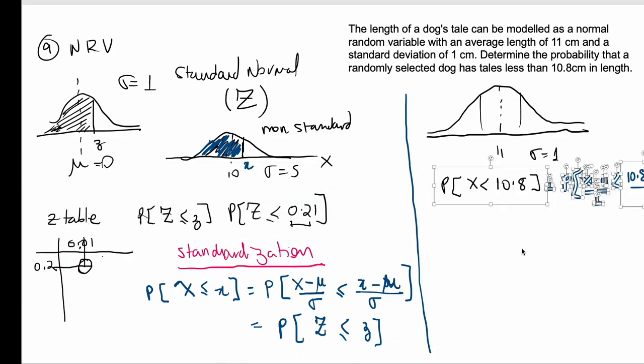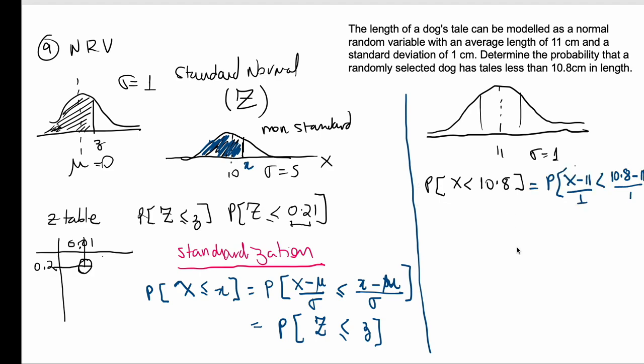Okay. So this is what I'm doing. I do the procedure, and as I do it, it is proved that your left-hand side will become a z. You can always do that. You will always become a z. And your right-hand side, which is 10.8 minus 11 over 1, is just a number, which is your z-score that you can now go and look at the table. It's actually minus, right? It's 10.8 minus 11.